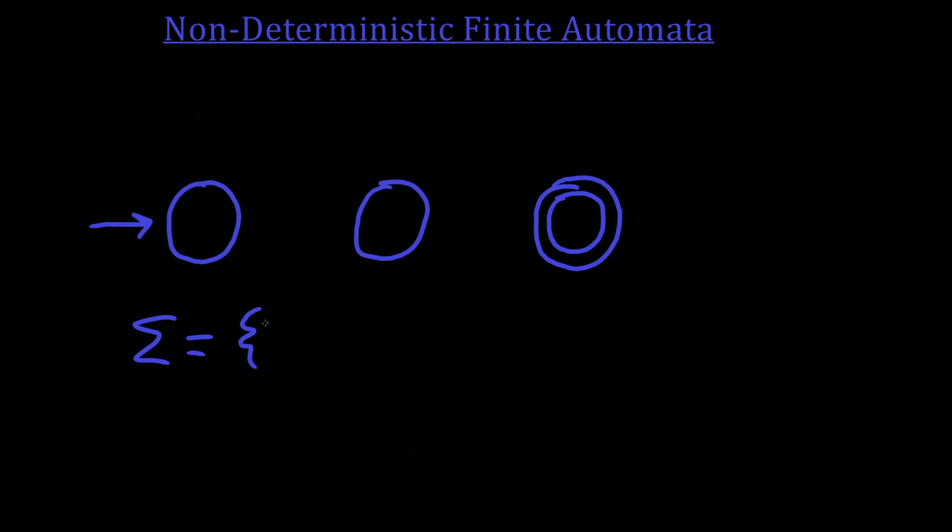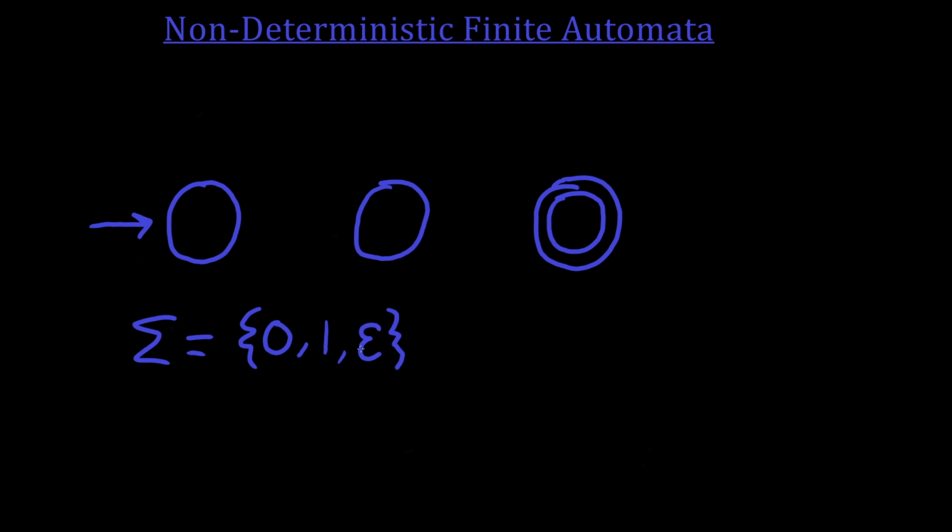And remember that computers can only read in the characters 0 and 1, or binary. So like with the DFAs, we're going to include the characters 0 and 1, but we're also going to include this other character called epsilon. And the reason that we're going to include this epsilon character will become apparent in just a second when we talk about the transition function.